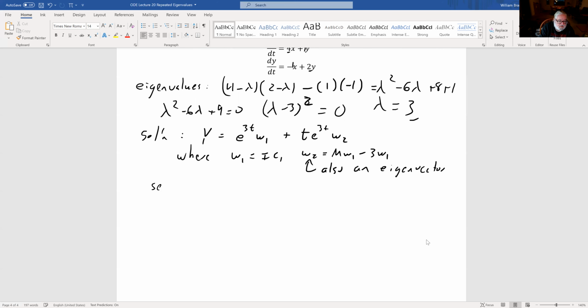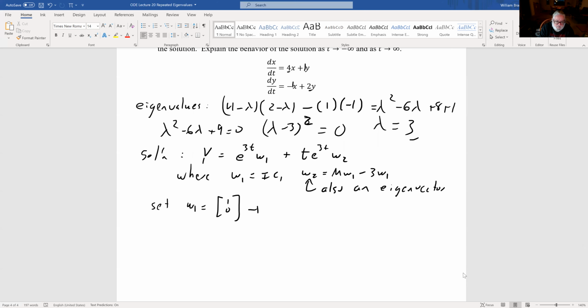Set W1 equal to 1, 0. And then that means that M, which is 4, 1, minus 1, 2, times 1, 0, minus 3 times 1, 0, is an eigenvector.